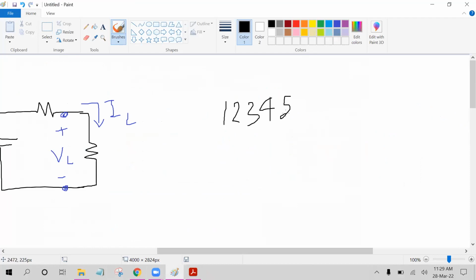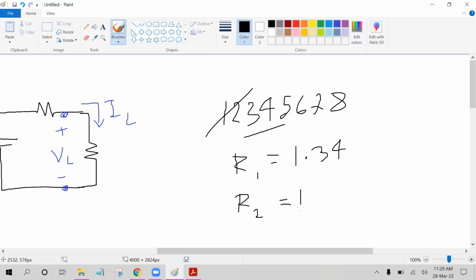I think you are all familiar with this type of resistor value settings. Just leave out the first two digits of your student ID. Your R1 would be 1 point, this 2 digits. R2 would be 1 point, the next 2 digits, and R3 would be 1 point, the last 2 digits. Okay, is it clear, everyone?